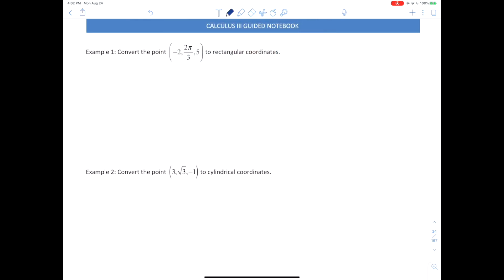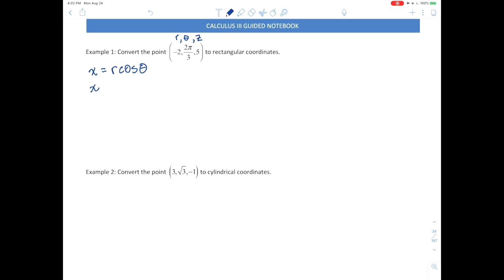to rectangular coordinates. All right, so we are going to rectangular coordinates, right? So x is equal to r cosine theta, right? And remember that this is in the form of r theta z.